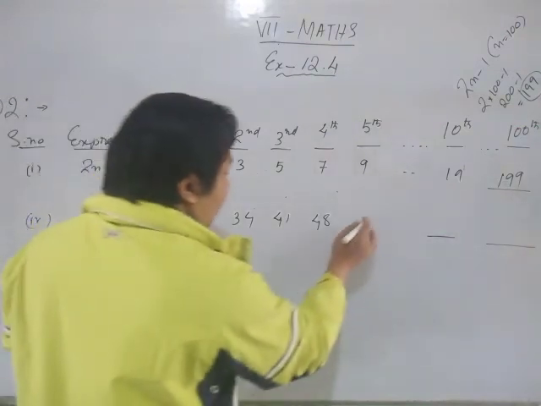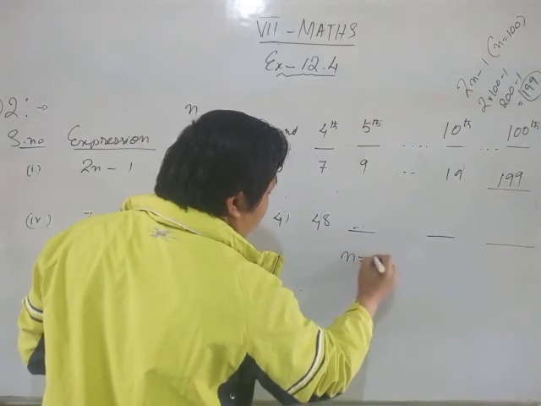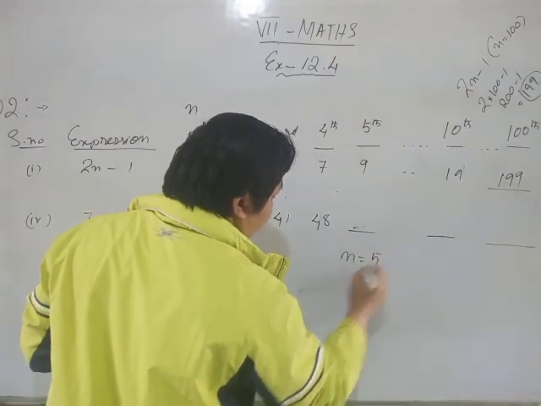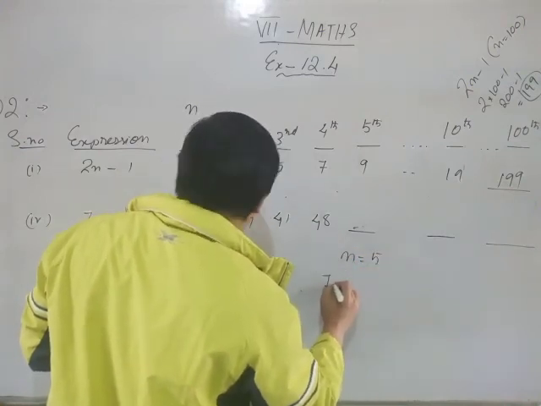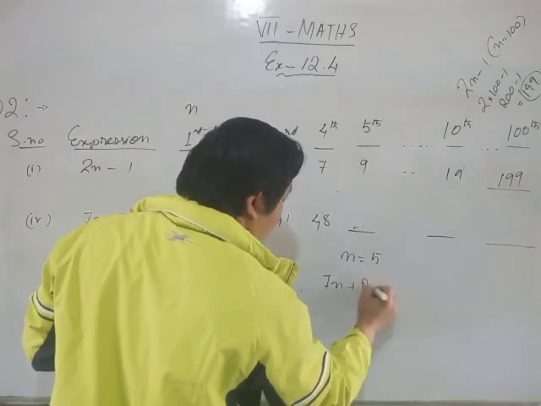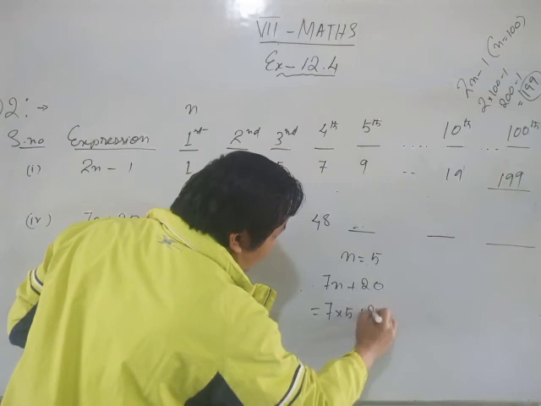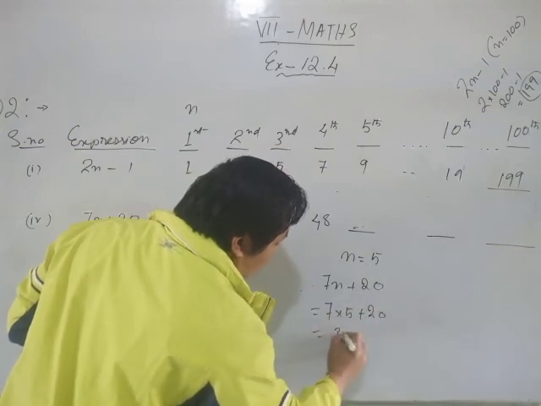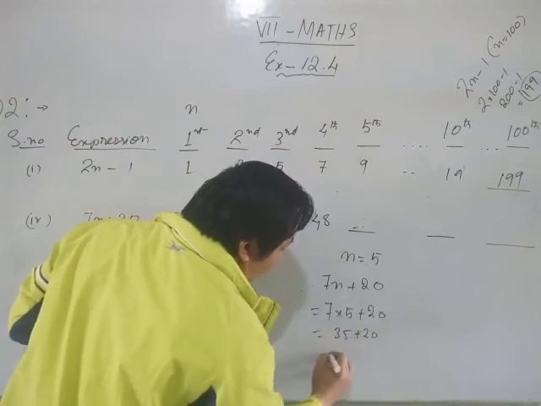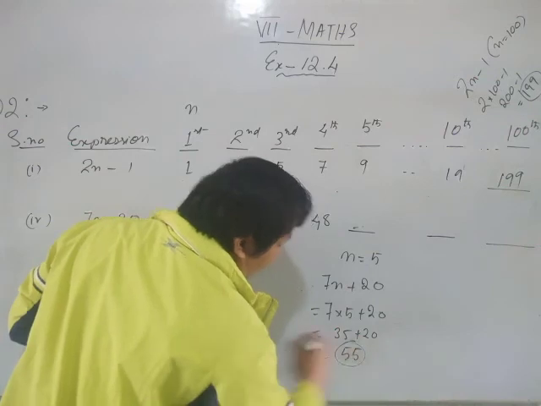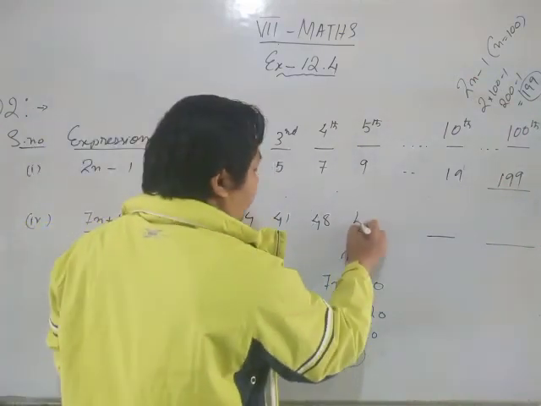For the fifth one, n is equal to 5. Now 7n plus 20 equals 7 into 5 plus 20, 35 plus 20. How much will be here? 55. So here we got 55.